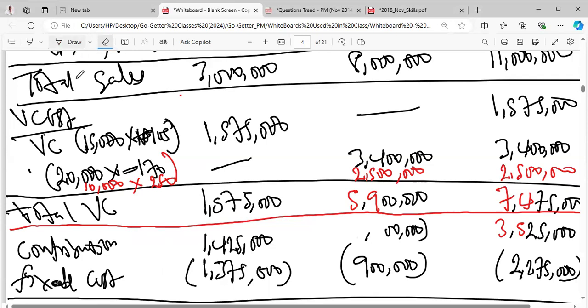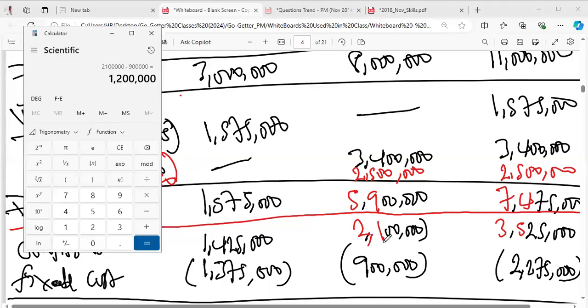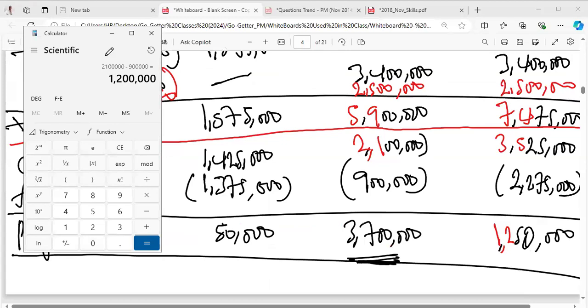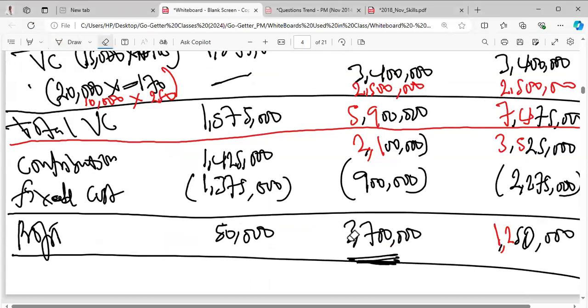And if you remove 900 from it, minus 900, we get 1,200,000. And it will still be remaining constant, 1,200,000.